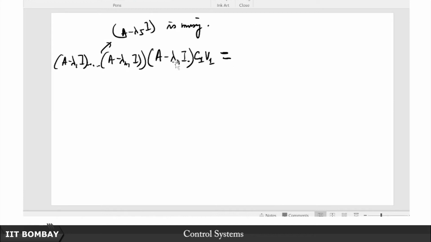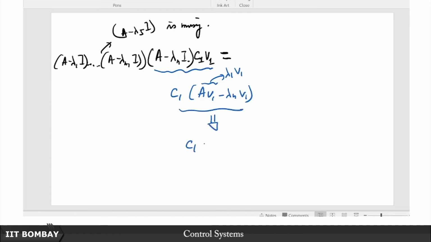Notice when I pass this through the first term here, I get C1 times A V1 minus lambda n V1. But what is A V1? I know A V1 is basically lambda 1 V1. So therefore this in turn turns out to be C1 times lambda 1 minus lambda n V1.